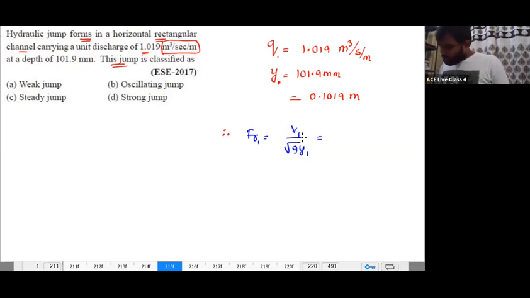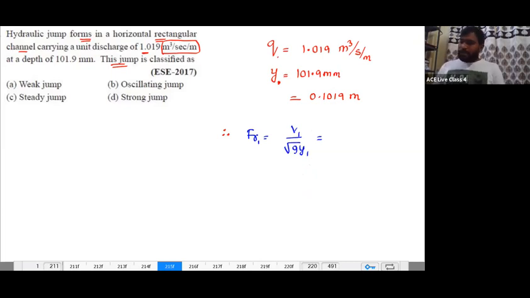Instead of finding all these things, let's see the Froude number. I'll go with FR square so that I can write Q square by g Y1 cube. We need to find out the range.